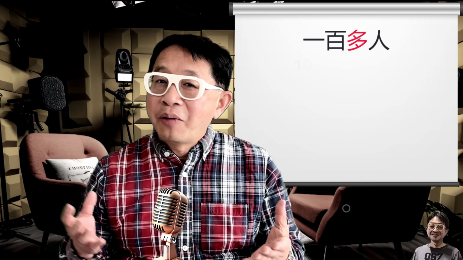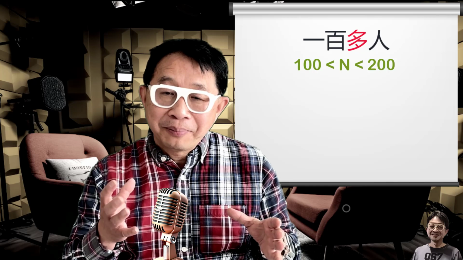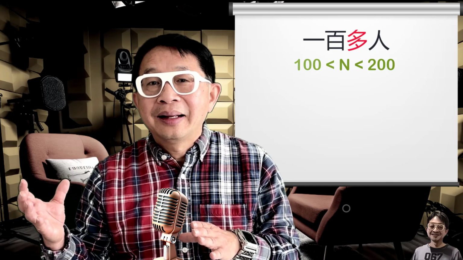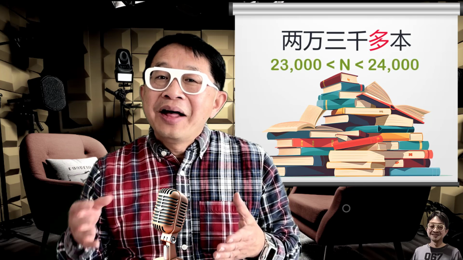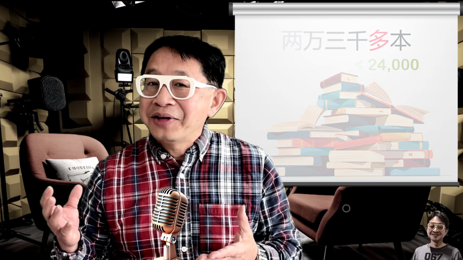Except 多 can apply to units at all levels. So I can, for example, say 100多人, and what that means is more than 100 people, but less than 200. If I say that at a library, there are 23,000多本书, then what I'm saying is there's more than 23,000 books, but less than 24,000.